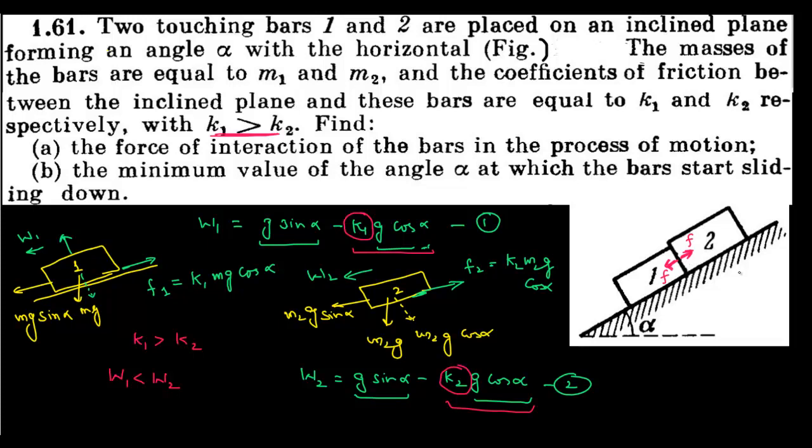So taking this force F into the picture, we can draw this F here. This is the interaction force from 2 on 1 and this is the interaction force from 1 on 2. Clear? So here we have to find this F.